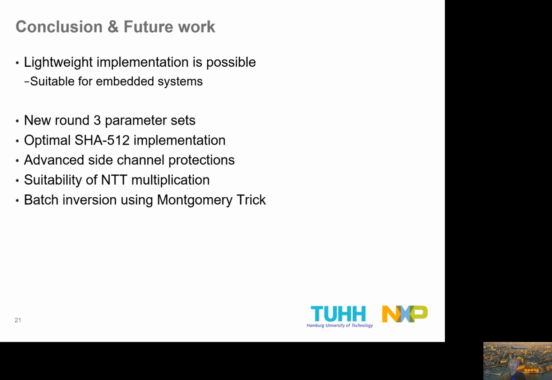Finally, there is something about the key generation which can also be used, and that is to do a batch inversion using Montgomery's trick. Montgomery's trick allows us to replace n inversions with one inversion and a certain number of multiplications. This would mean that if we generate batches of public-private key pairs, we would only have to do one inversion and a whole bunch of multiplications.